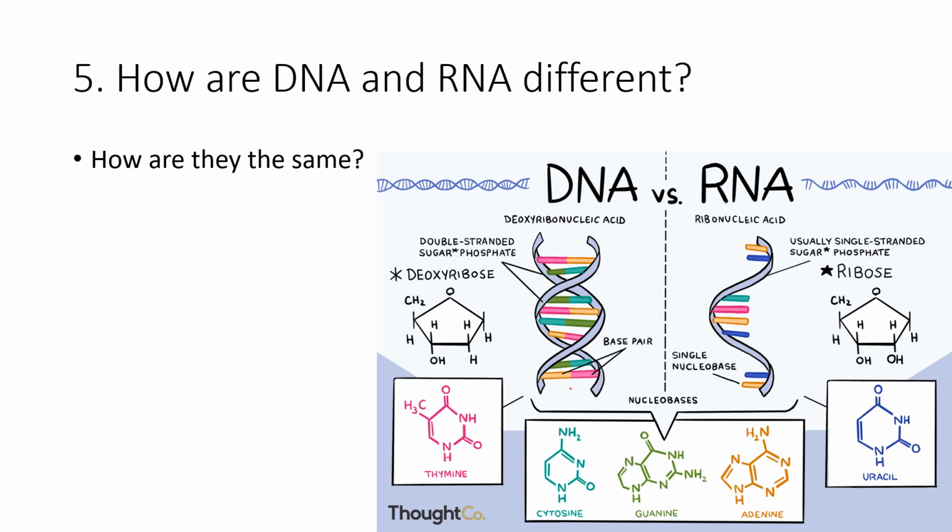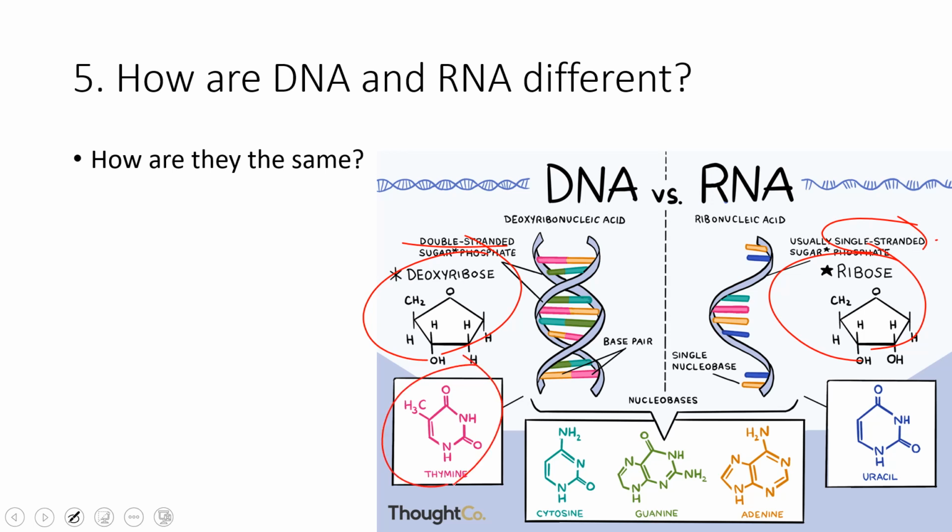How are DNA and RNA different from each other? The one thing that I mentioned already was DNA uses the sugar deoxyribose, RNA uses the sugar ribose. So they have a different sugar that makes up their nucleotides. Next, DNA is double-stranded. RNA is usually single-stranded. You can find some examples where it's double-stranded, but most of the time it's just going to be one strand.